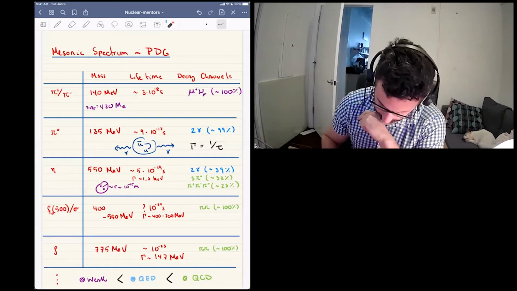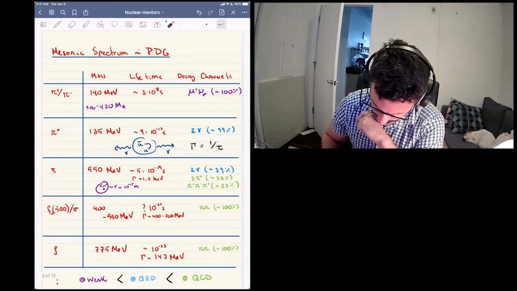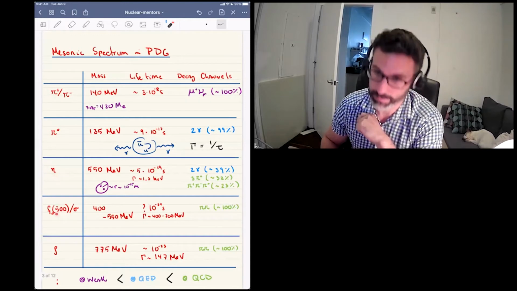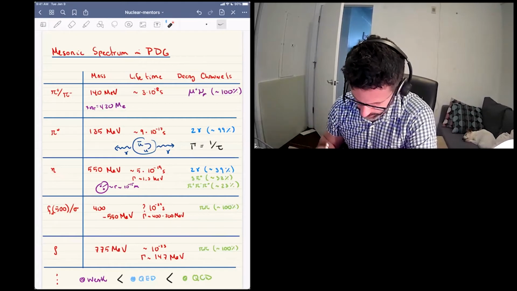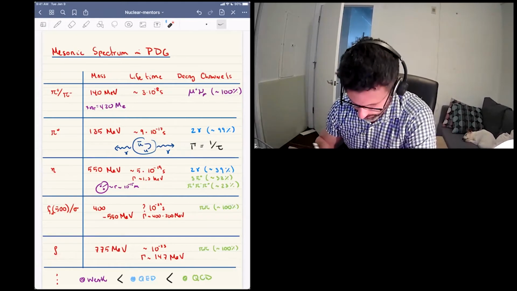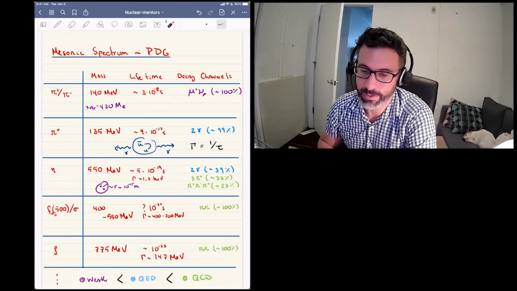And other particles like the eta, that's a Greek symbol. The f0(500), historically that was called the sigma, another Greek symbol. The rho is just a rho. Sometimes you'll see that the number in the f0(500), the 500, is telling you approximately its mass.